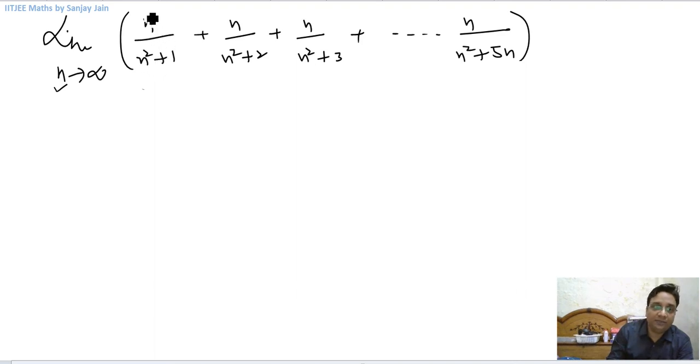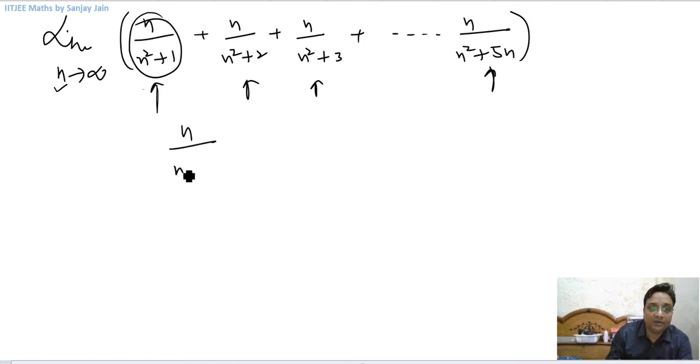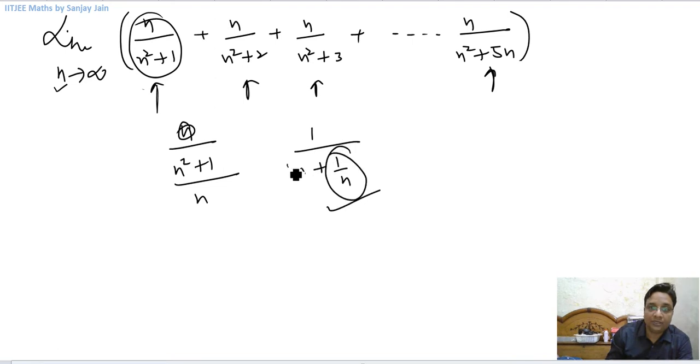What I mean to say is, if some student is thinking that I can separate this into these many questions, right? What will happen is n is tending to infinity, right? So if this limit, let us say n over n square plus 1, if some student is thinking that I'll bring this n here, so it will become 1 over n plus 1 by n, right? So in that case also he will not be able to solve it by separating the terms, right? Because this will become 0, this will become infinity, so 1 by infinity is 0.